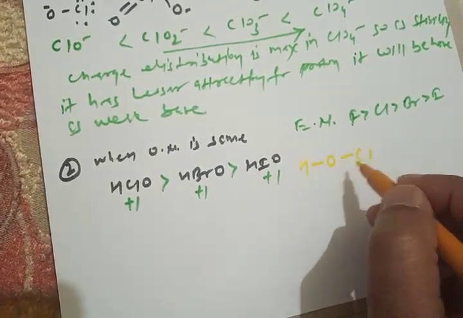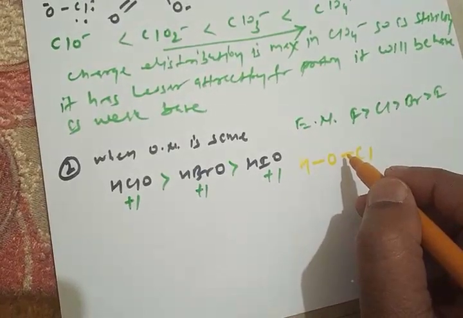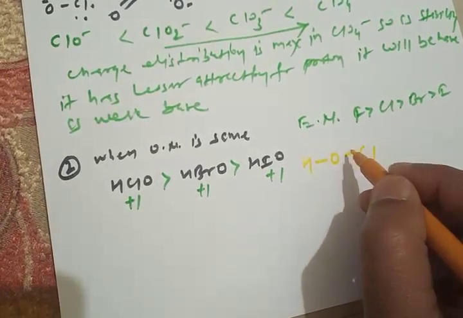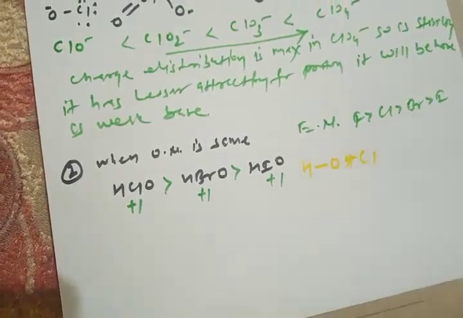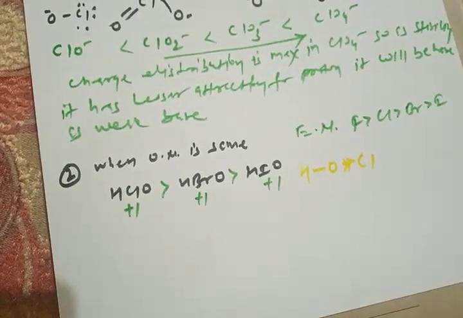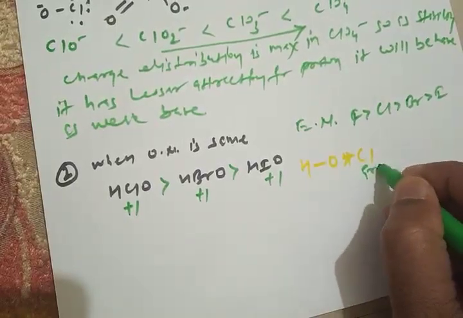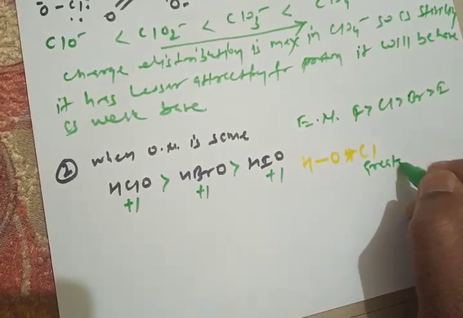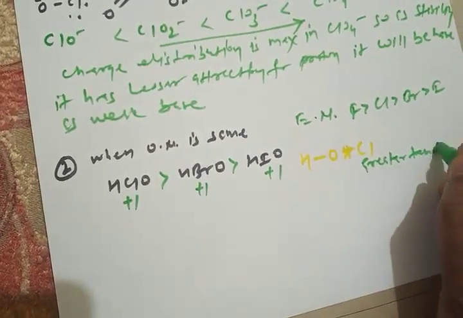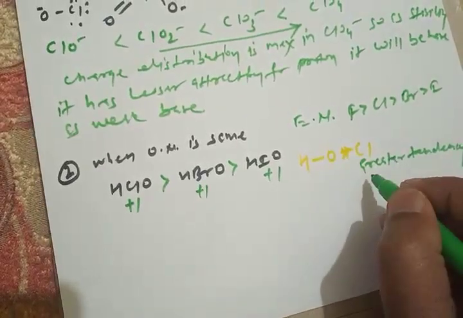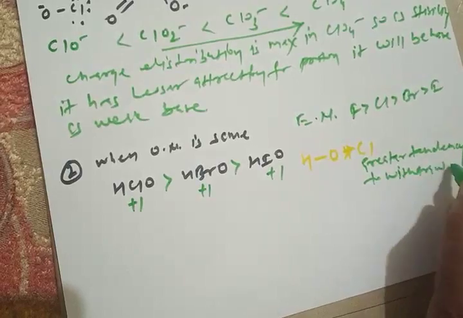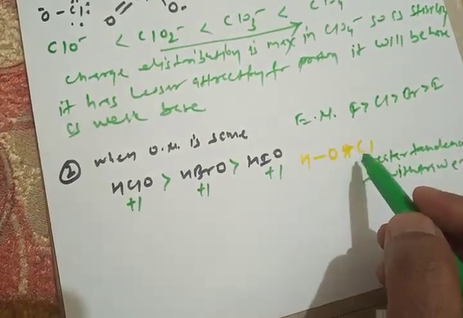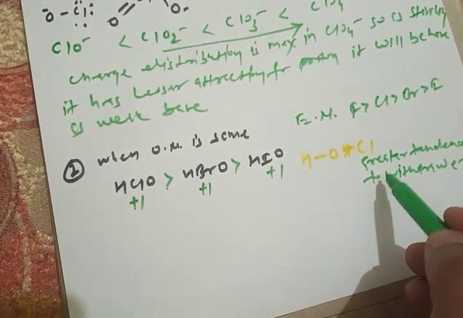In this case, this Cl is more electronegative. So what will happen? It will attract electrons from oxygen. That means it has a greater tendency to withdraw electrons, and if it has a greater tendency to withdraw electrons, what will happen?